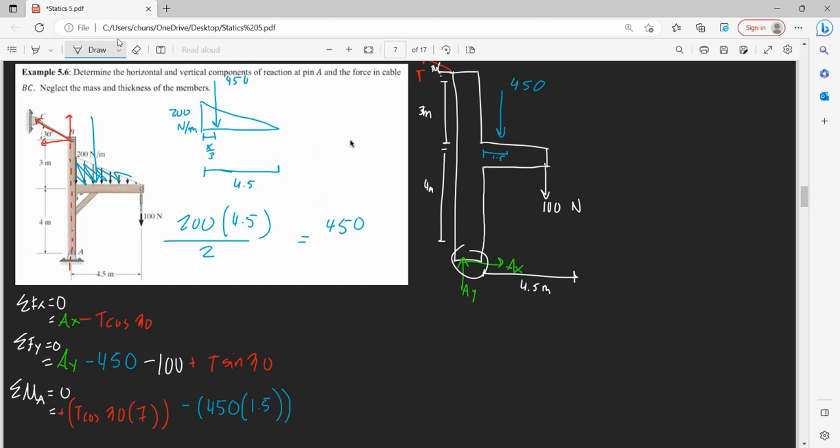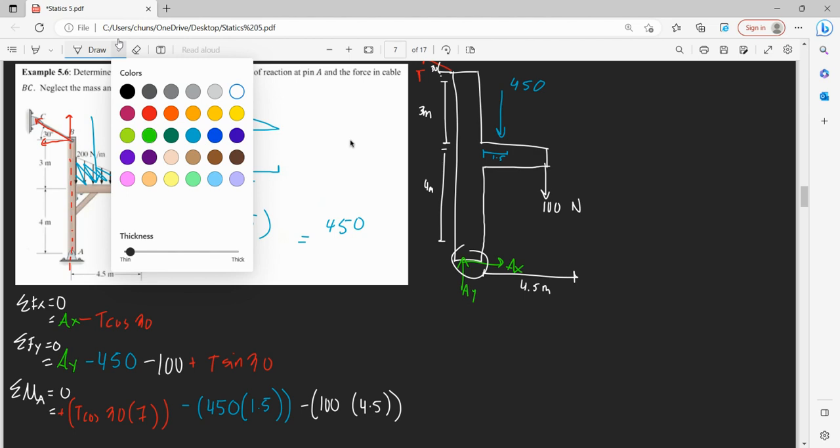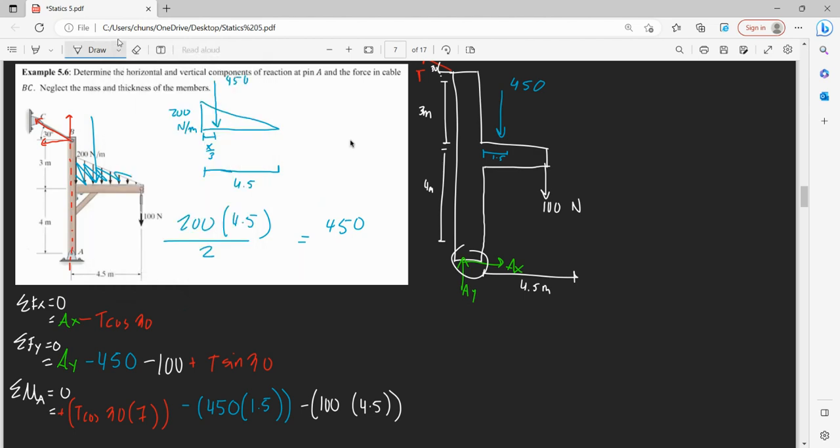If we had our load, this is 100 newtons at a horizontal distance of 4.5. This would also be going in a clockwise direction. And yeah, those are all of the forces that we use for our moment equation.